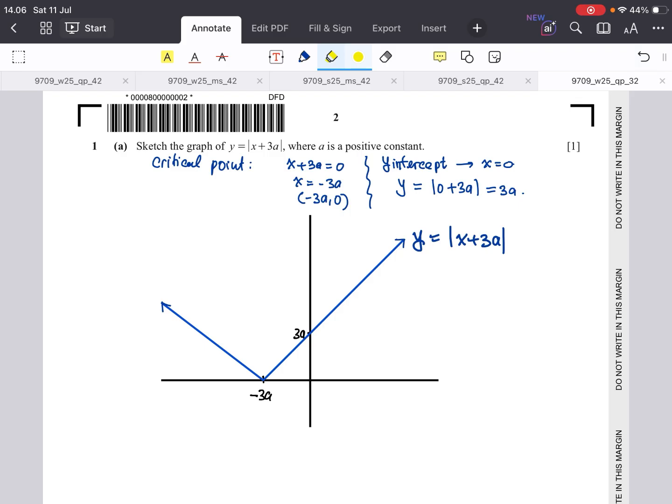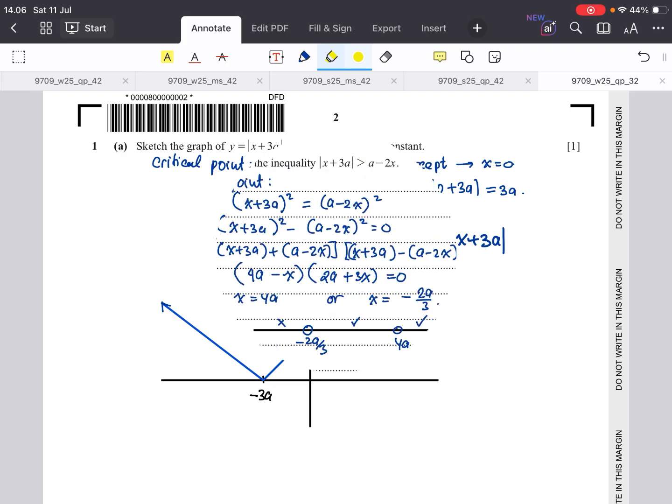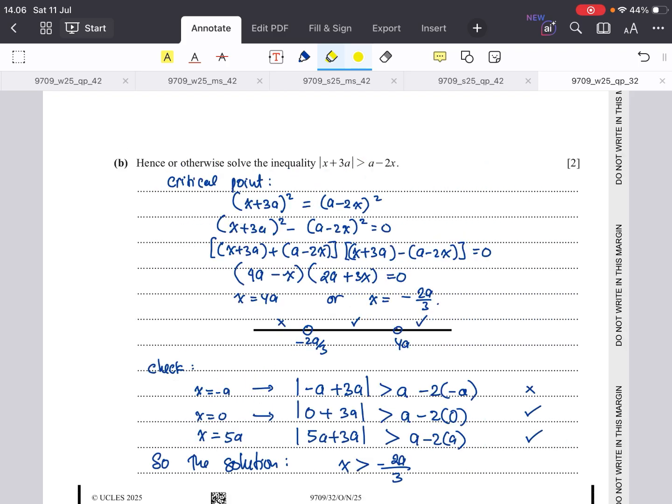And then for part B, solve the inequality absolute value of x plus 3a greater than a minus 2x.